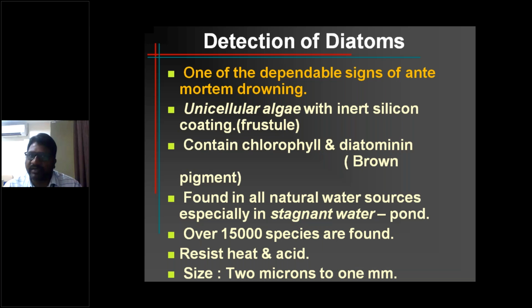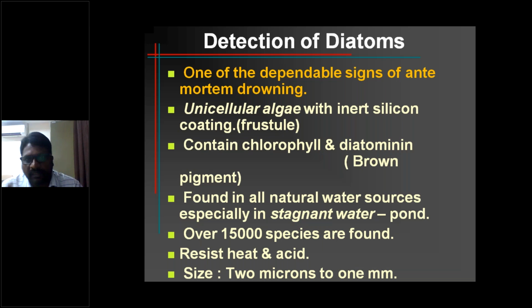Whenever the person falls into the water, along with the water, dirt and mud, the algae present in that pond water or river water may enter into the body. They will enter into the lungs and through the circulation they will be distributed to the total body, to all the internal organs, through the blood circulation. So these are the unicellular algae.